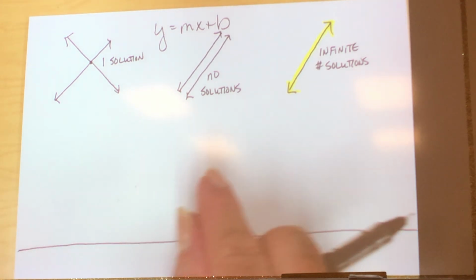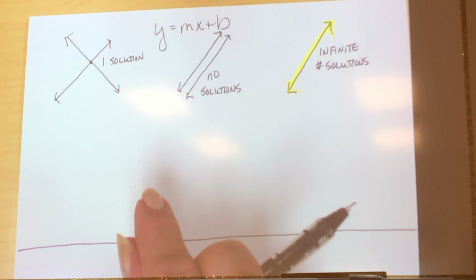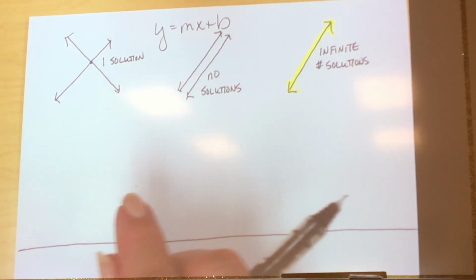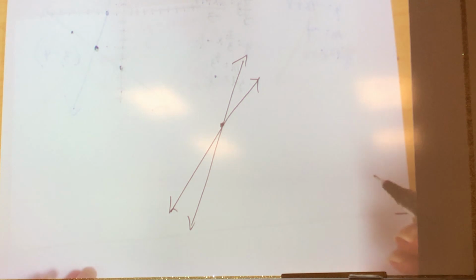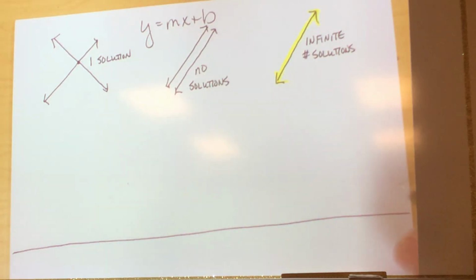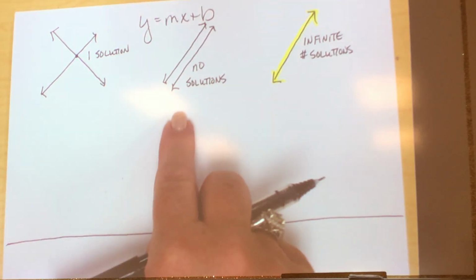Could they both be positive? No. So, they couldn't look like this? Yeah. Aren't those both positive? And they still got a point. So, they're not one negative and one positive, but what about them? No? You don't know anything? Okay, so what about these guys' slopes?